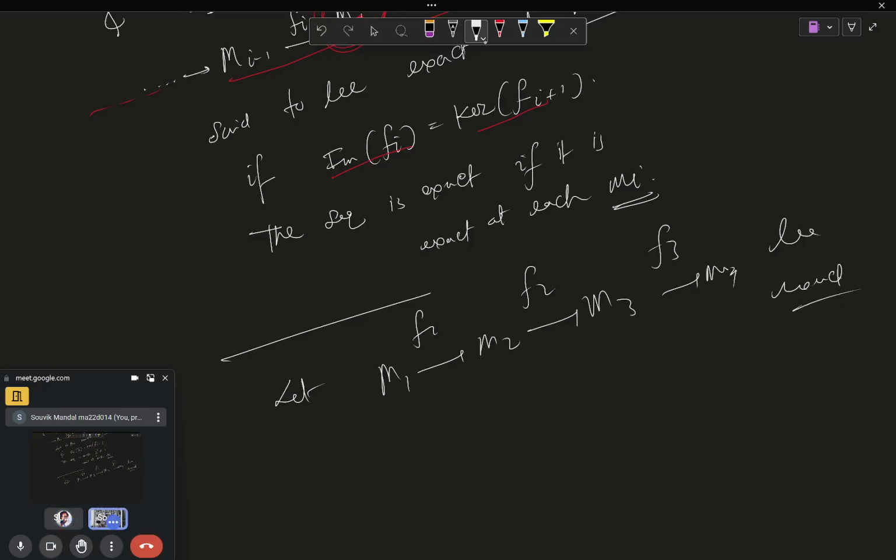Sometimes it may be written like M1, M2, M3, M4 with f1, f2, f3, and it is exact. It means you need to understand that the image of the previous map is the kernel of the next map at each of these points, M2 and M3.